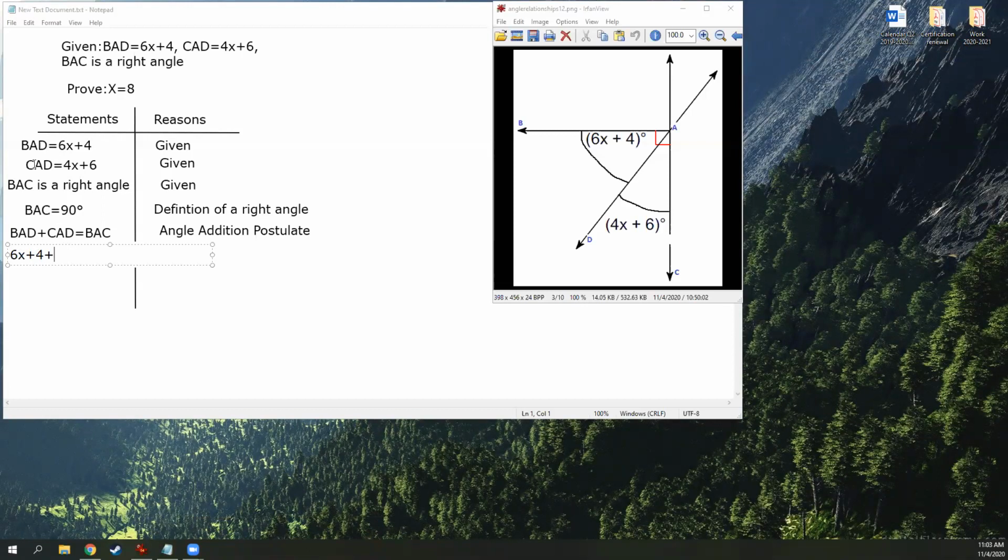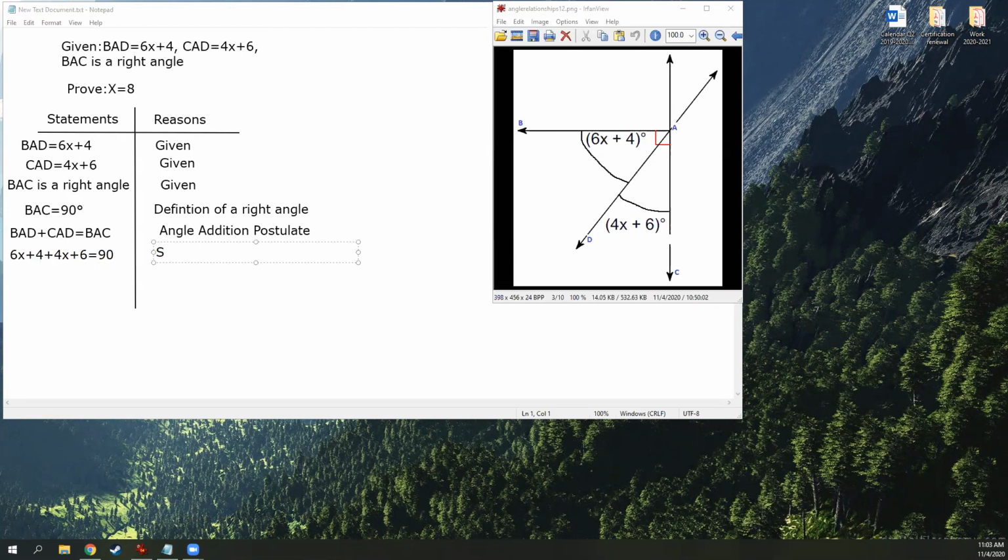And then CAD is also an equation. So we're going to make CAD an equation, 4x plus 6. So BAD, this guy, plus CAD, this guy, equals, and then this angle, BAC, the whole thing, we have an equal sign as well. It's 90.